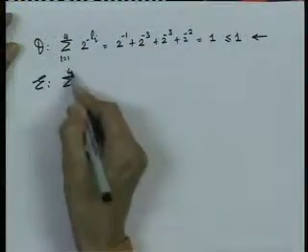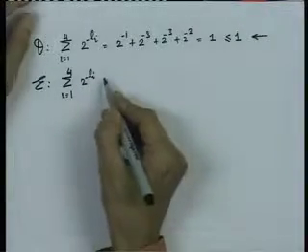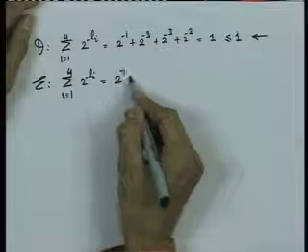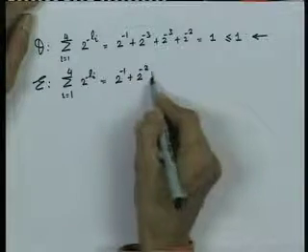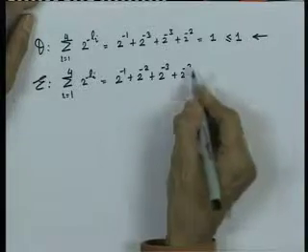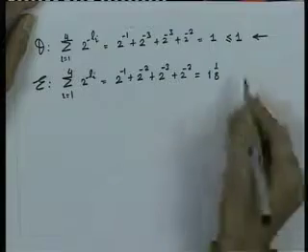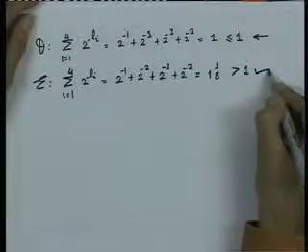And finally, for the code E, if you evaluate this expression, we get 2 raised to minus 1 plus 2 raised to minus 2 plus 2 raised to minus 3 plus 2 raised to minus 2, and this turns out to be greater than 1.